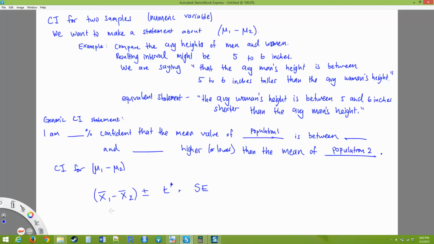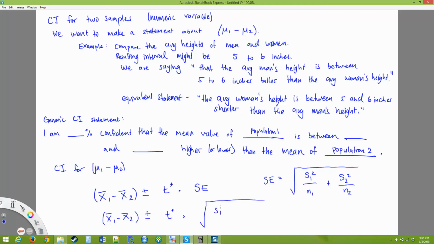Okay? And do you guys remember what the standard error was that I had you write down in your notes early on? Yeah, the square root of S1 squared over N1 plus S2 squared over N2. So plugging that in, we get x bar 1 minus x bar 2 plus or minus t star times the standard error, which is this.